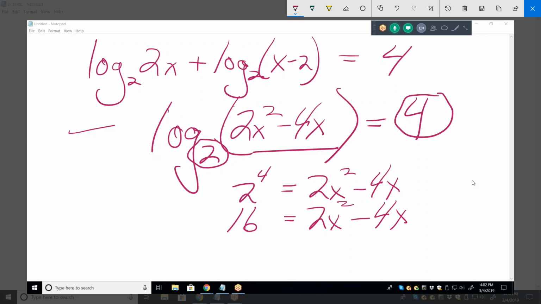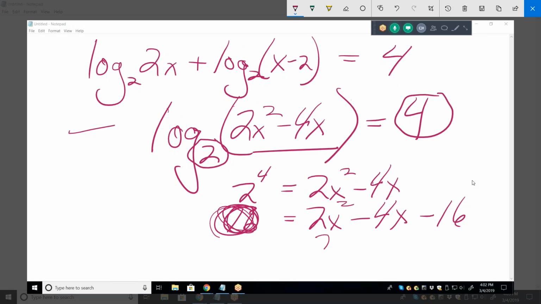Now what can I do? Subtract the 16 to the other side. Okay, now what can I do? You can solve the quadratic. Let's try something before we do that. Divide it all by 2? Yeah, and I was going to say try factoring. It's always worth trying to factor it.